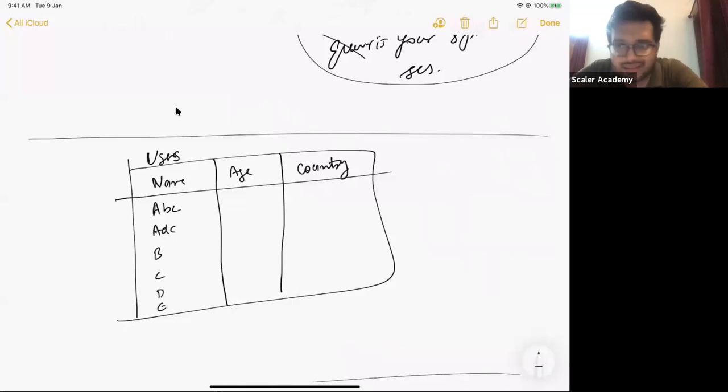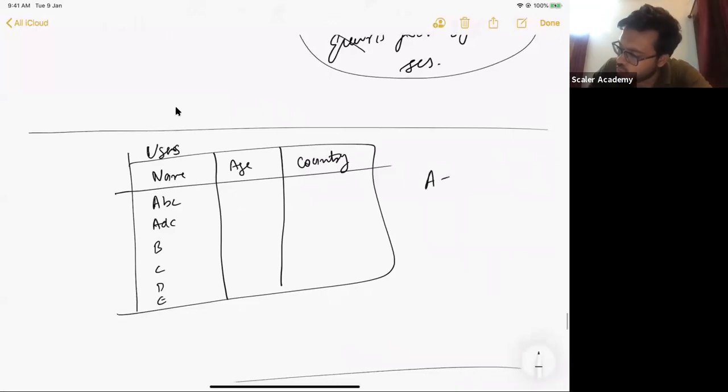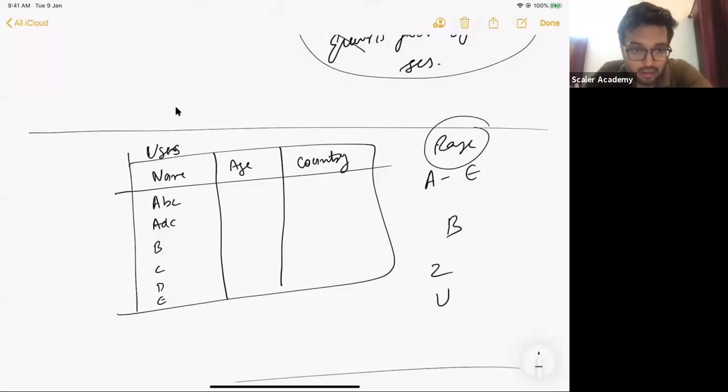That means whatever queries you're going to see are going to be mostly range queries in which you ask, tell me all the folks whose name starts with A to E. Tell me everybody whose name starts with, let's say, B. Tell me everybody whose name starts with Z. Tell me everybody whose name starts with U. If you see range queries like these very often, what kind of a mechanism of sharding would you want to use? That's the question, right?